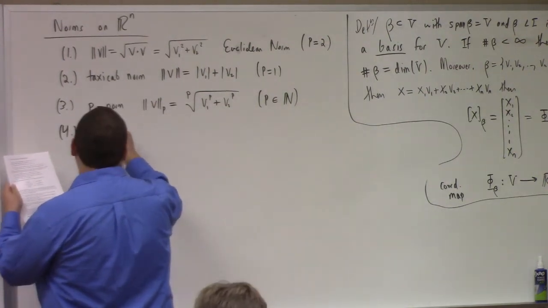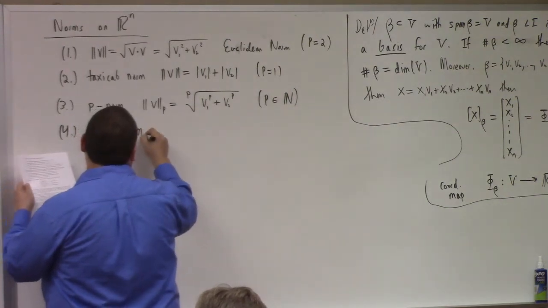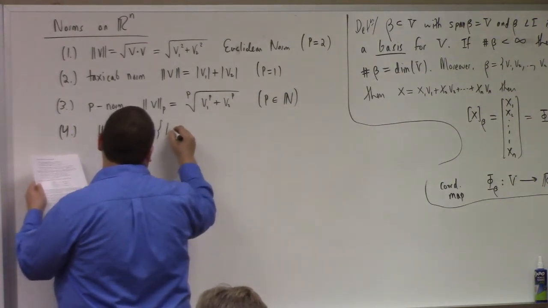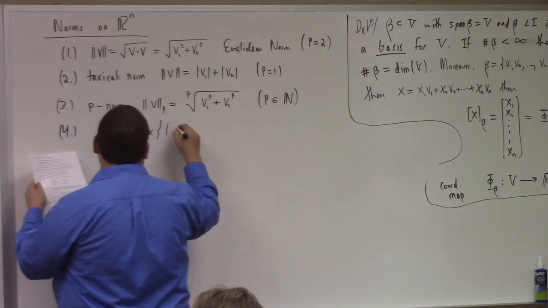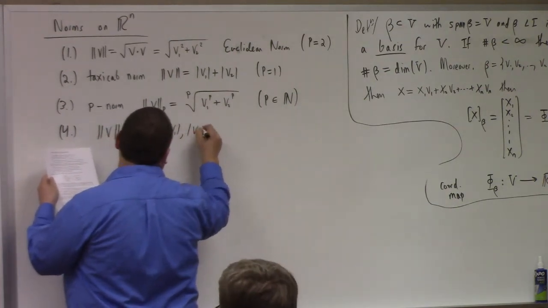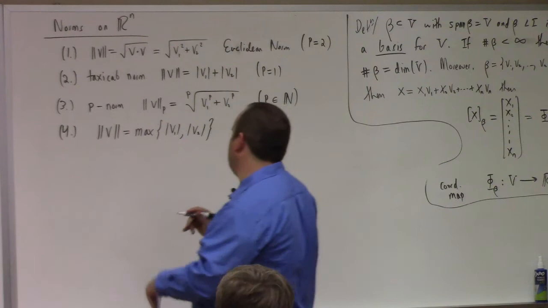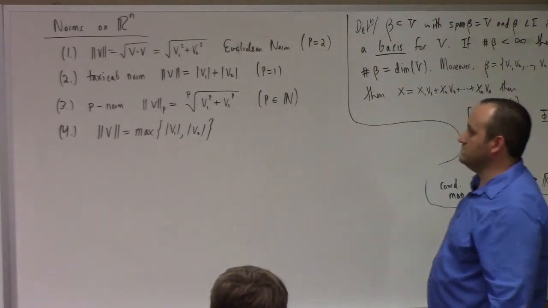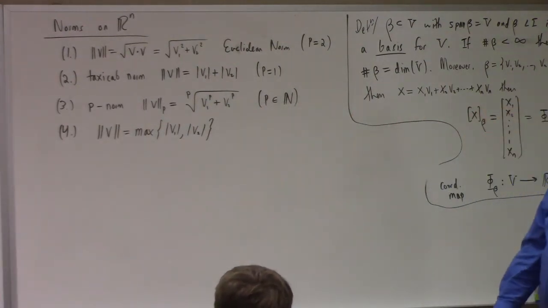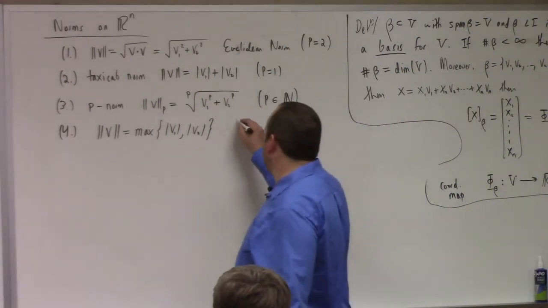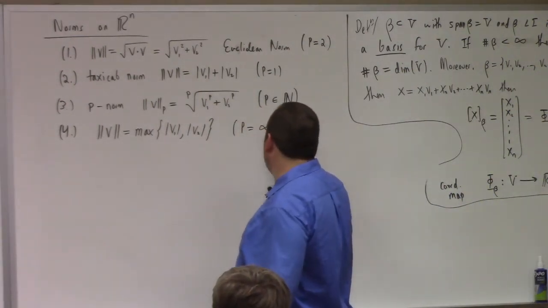But here it's the max of the absolute value of V1, absolute value of V2. This can actually be understood as P equals infinity.